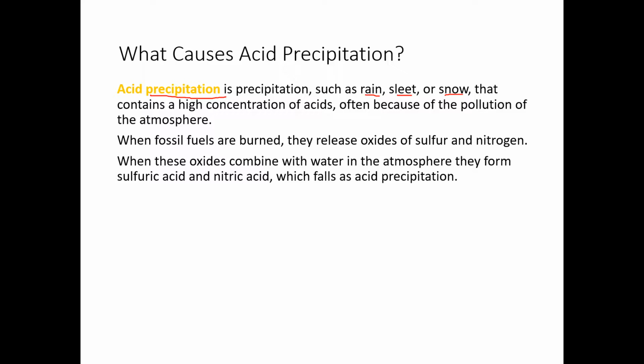What's causing this high concentration of acid is the pollution of the atmosphere that we've talked about, the different pollutants going into the air that are increasing the acidity. Those pollutants are primarily sulfuric acid and nitric acid, but carbon dioxide, CO2, also contributes to acid precipitation. And these are all released primarily from the burning of fossil fuels.